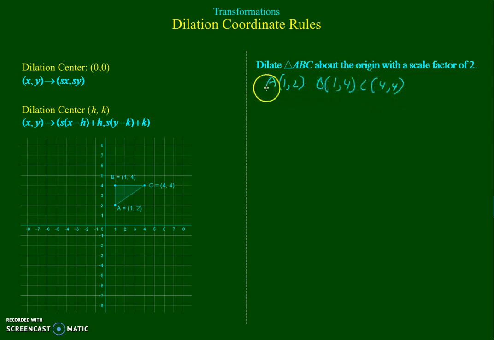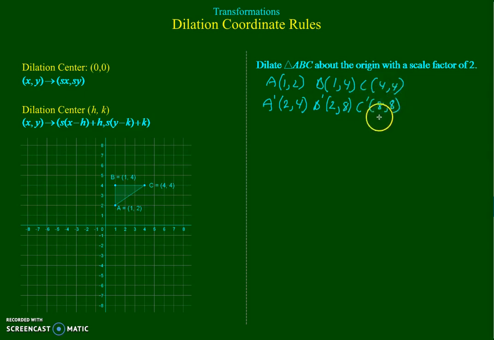We want to dilate with a scale factor of 2. All we have to do is multiply each point by the scale factor. 1 times 2 is 2. 2 times 2 is 4. B prime, 1 times 2 is 2. 2 times 4 is 8. C prime, 4 times 2 is 8. 4 times 2 is 8.